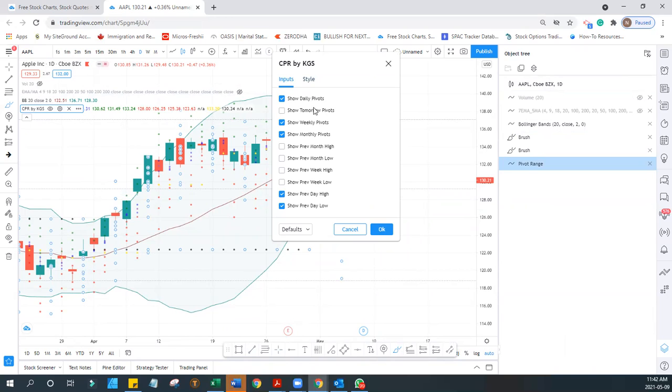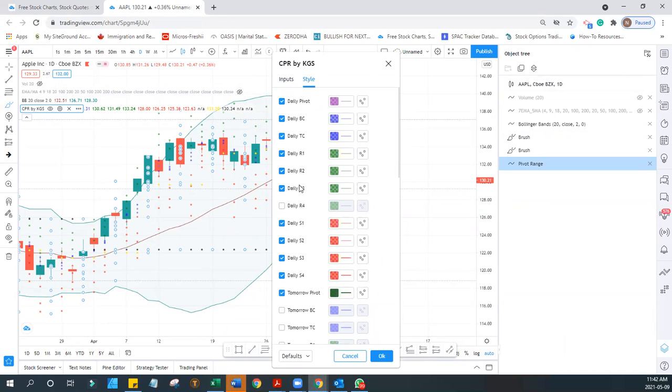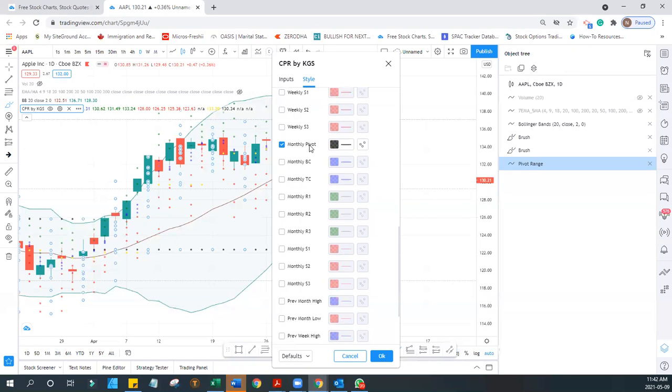But if you want to do day trading, you can take pictures of this one: daily pivot, monthly pivot, weekly pivot, day's high, day's low, and the levels will be daily pivot, bottom CPR, top CPR, R1, R2, R3, S1, S2, S3, S4, weekly pivot, and monthly pivot.